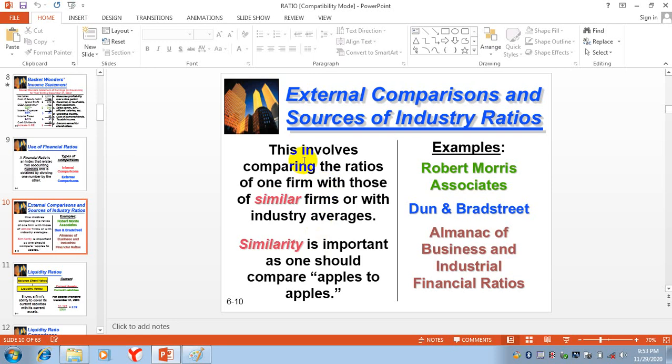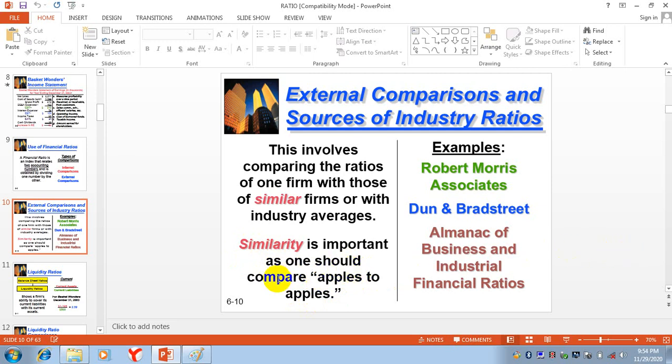Now, this involves comparing the ratios of one firm with those of similar firms or with industry average, just like I told you. Similarity is important. Keep in mind one thing: similarity is important, as one should compare apples to apples. Means if you are working in the cement industry, you will compare your performance with the cement industry.